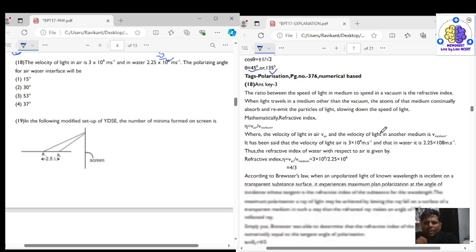Coming to question number 18. Question number 18 says that the velocity of light is 3 into 10 to the power 8 meters per second, and in water it is 2.25 into 10 to the power 8 meters per second.